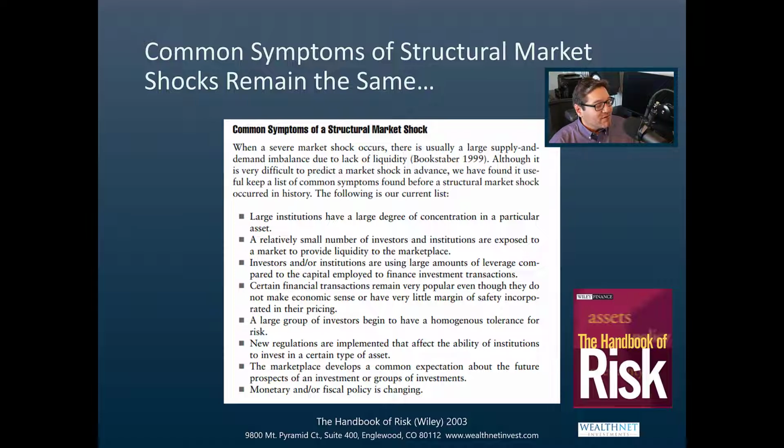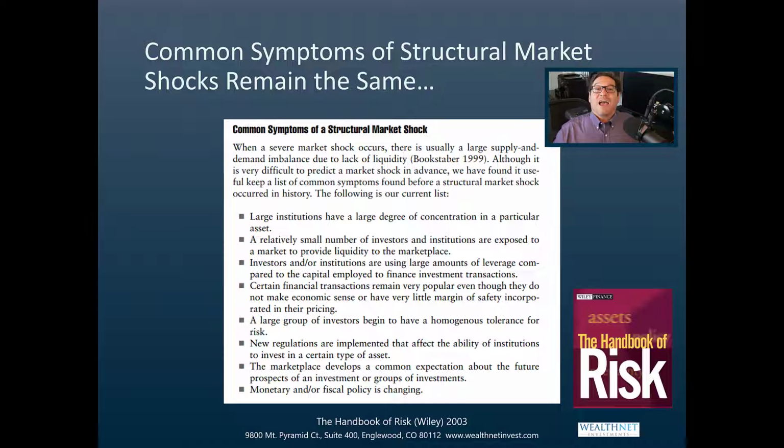A large group of investors begin to have a homogeneous tolerance for risk. So if you have a bunch of people saying, I'm feeling pretty good, or I really feel like the market is great, everything's fine, if we get complacent, that's not a good sign. All right, new regulations are implemented that affect the ability of institutions to invest in a certain type of asset class.